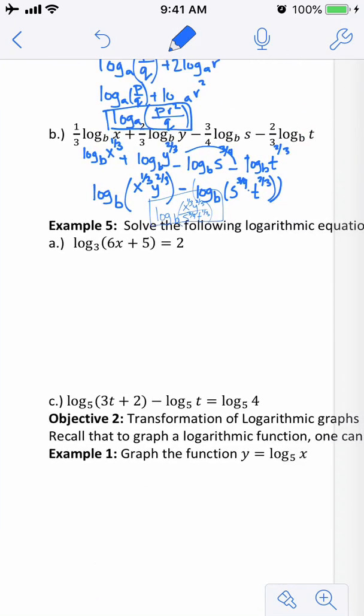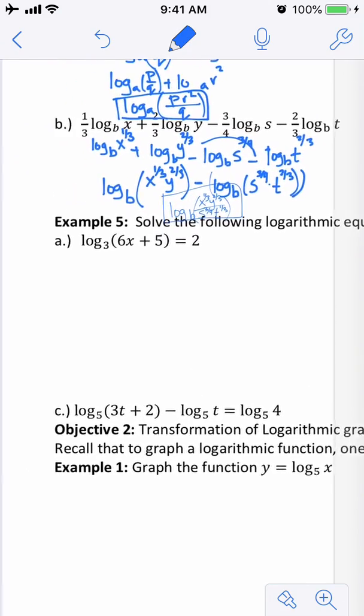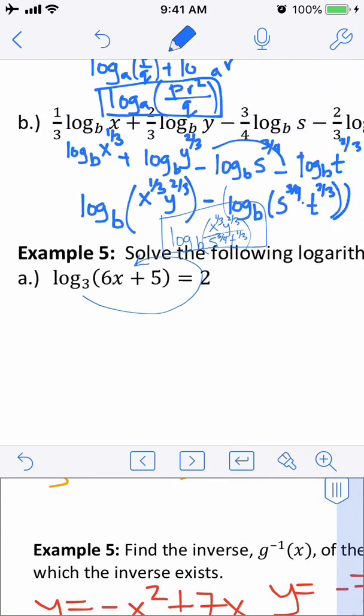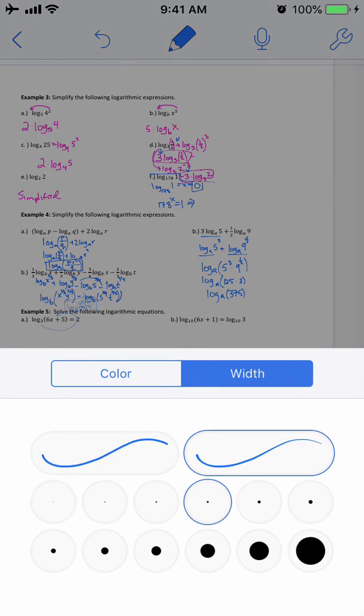Alright, we can also use these to solve a few logarithmic equations, some little ones. We can start right here. So I have log 3 of 6x plus 5 equals 2. Here I don't even need the rules for this one. All I have to do is make my circle. I'm just gonna up my width a little bit.